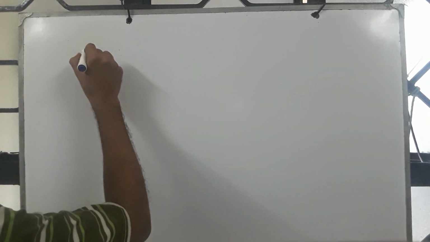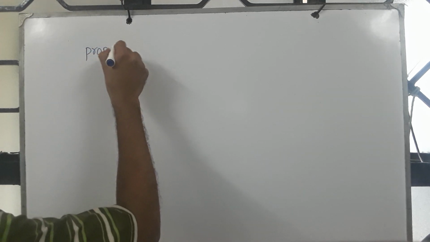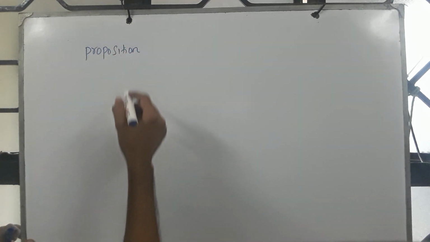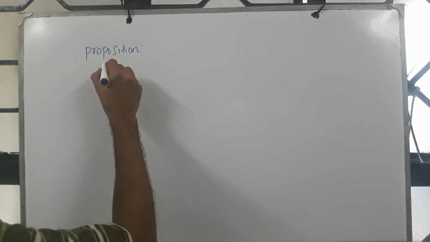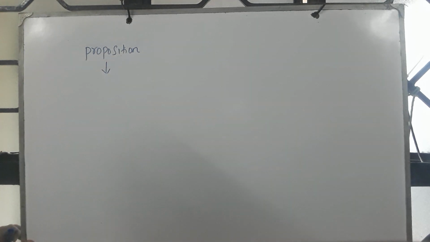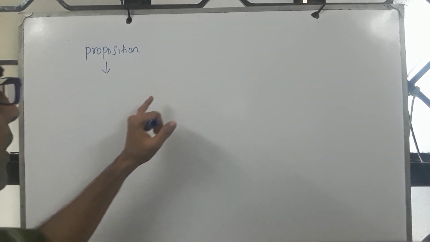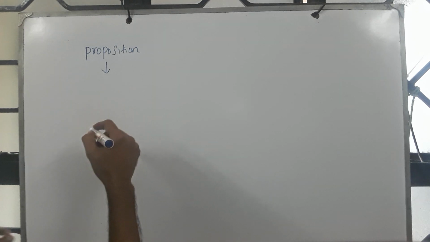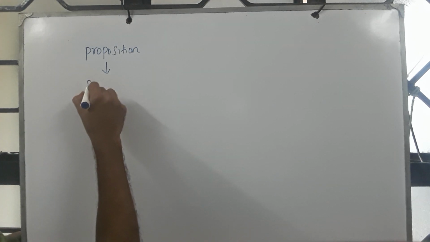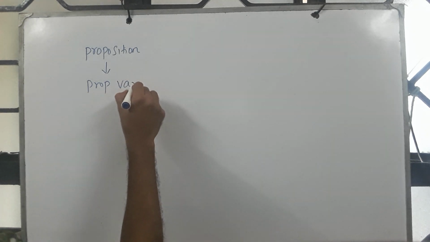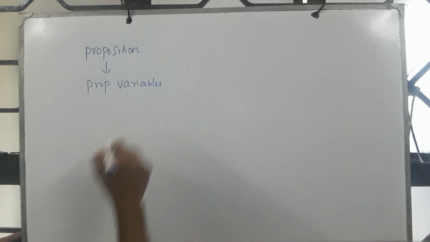So what we have been discussing so far is something called proposition. It's a declarative statement taking the value true or false. Then we said a logical argument is a collection of propositions. To validate a given logical argument, we brought in the first level of abstraction by introducing something called propositional variables.